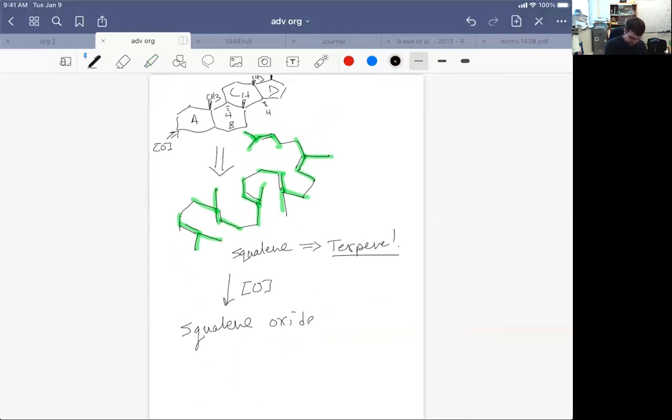So we're going to take this alkene and stereoselectively epoxidize that position. And then we're going to treat that alkene with an acid from an enzyme.